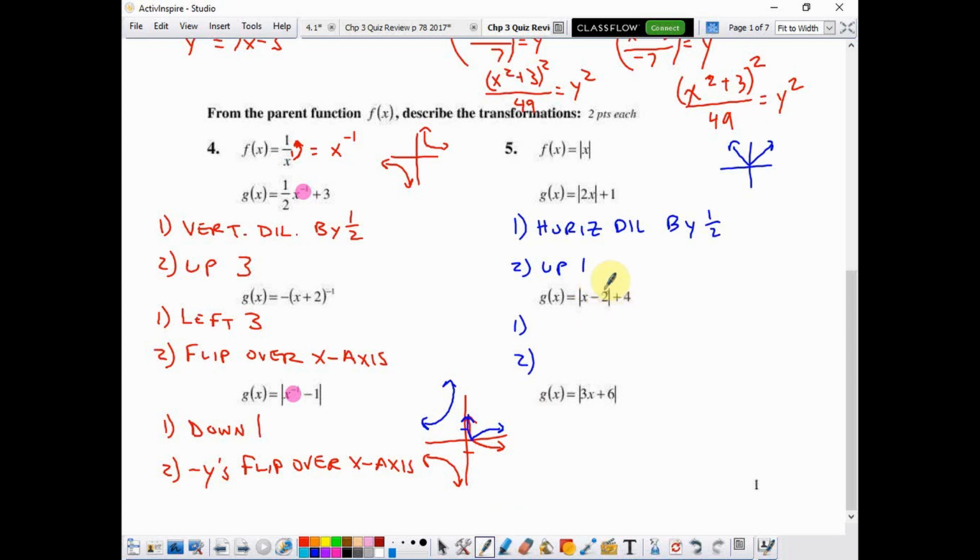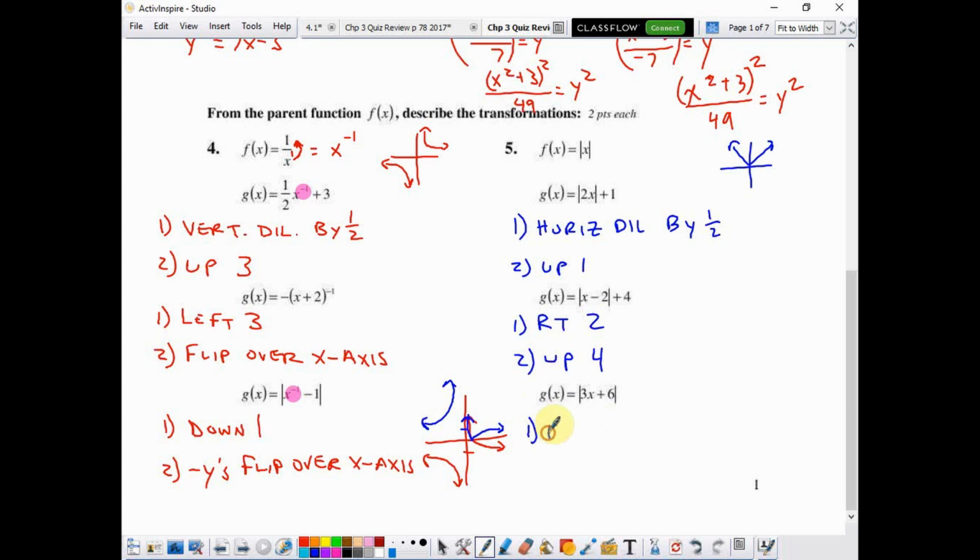Next, we have a minus 2 inside the function. This is going to move 2 units to the right, and then it will shift up 4. And the last set of transformations, everything is inside the function.